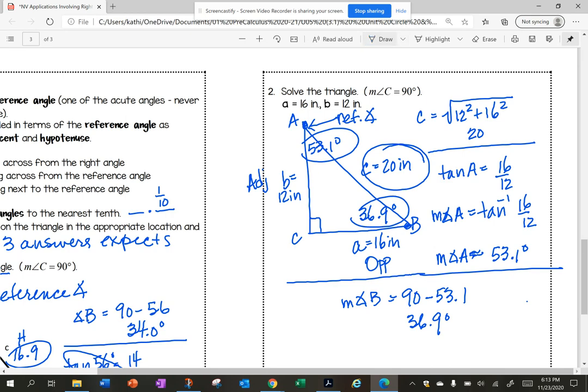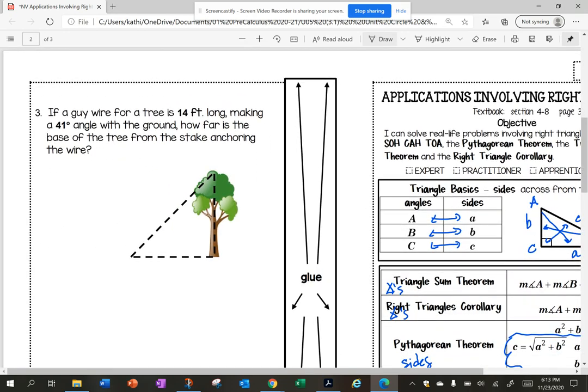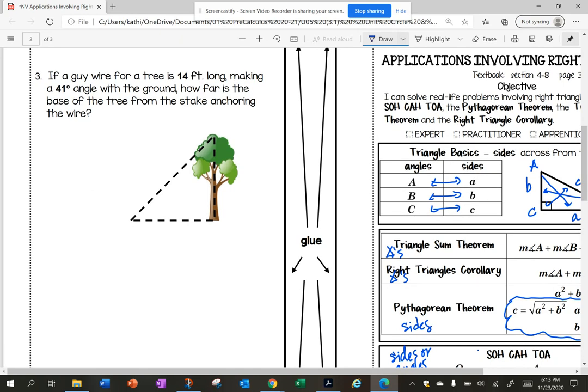Okay, last example. These are word problems. If a guy wire for a tree is 14 feet long, making a 41-degree angle with the ground, how far is the base of the tree from the stake anchoring the wire?